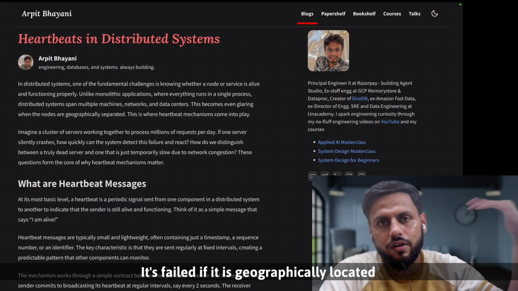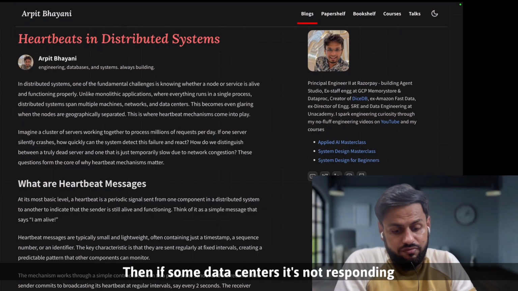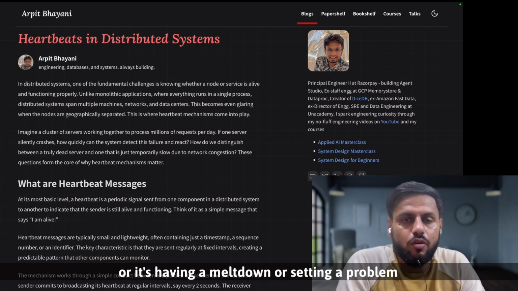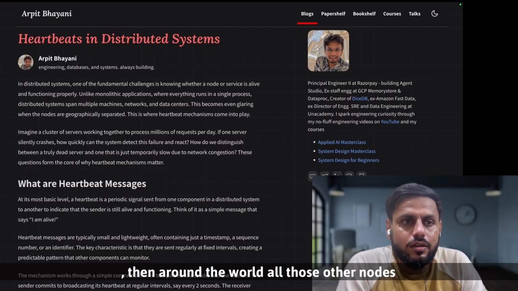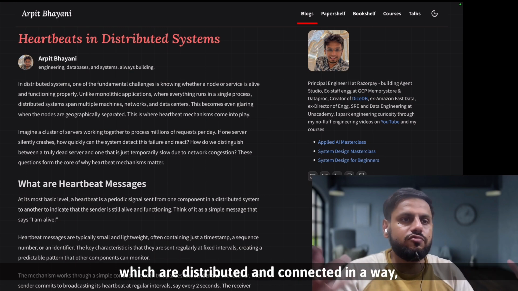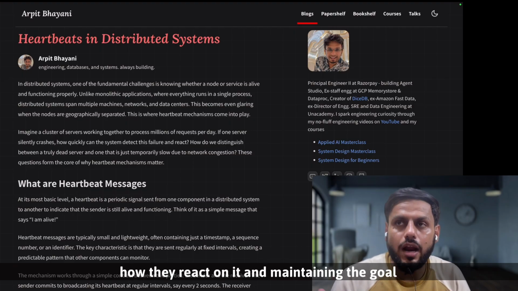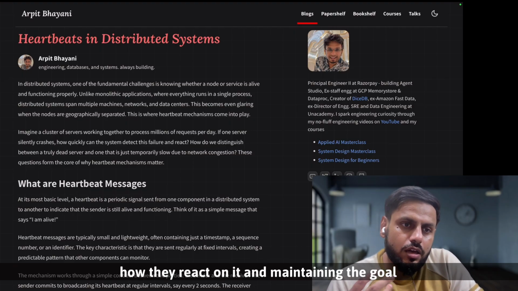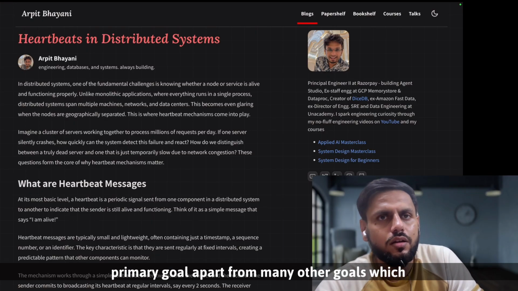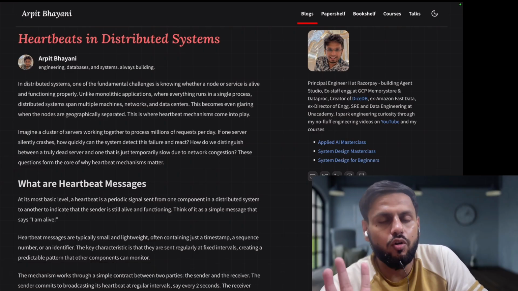If it is geographically located in multiple data centers around the world, and some data center is not responding or is having a meltdown, then how do all those other nodes around the world, which are distributed and connected in a way, reconcile that, how do they behave and react, while maintaining the primary goal of a distributed system, apart from many other goals, which is to have no downtime?